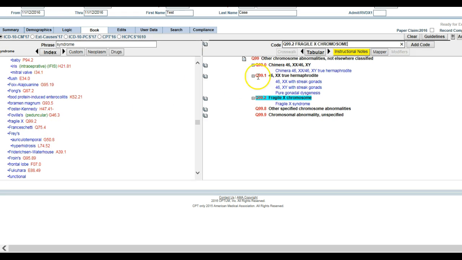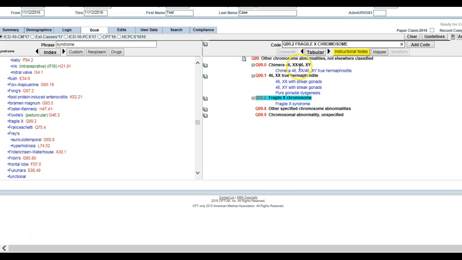I'm going to take this code and review it here in the tabular list. I have some instructional notes here that I want to pay attention to, but for now I am going to begin with my 3-digit category of Q99. It tells me that this is other chromosome abnormalities not elsewhere classified.